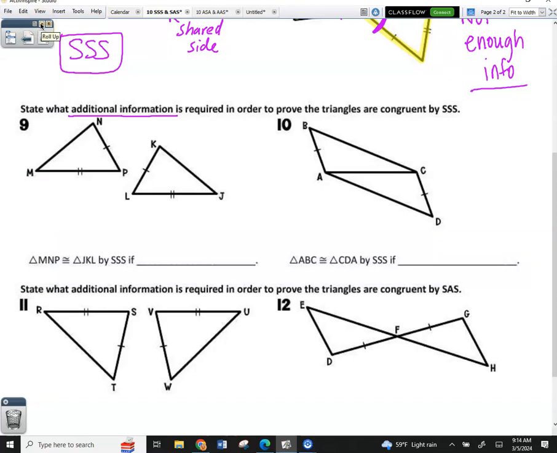Now we have specifics. If I was trying to go for side, side, side, I want you to put a question mark on your paper, on the picture, on the side that we're missing. Put a question mark on the sides we're missing. What sides do we not have marked that we need?